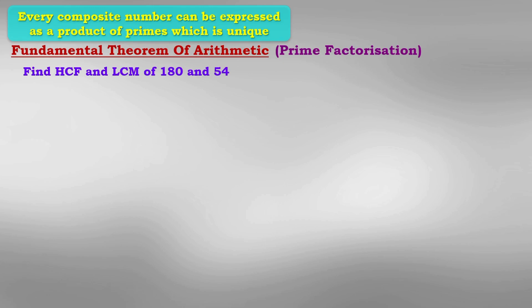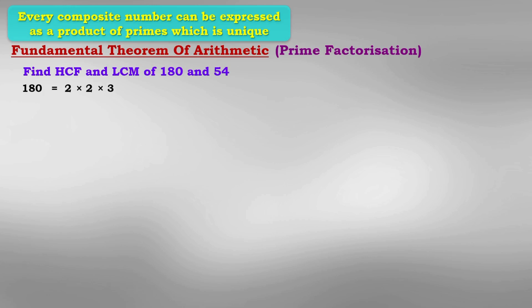So now if I asked you to find the HCF and LCM of 180 and 54 by using the fundamental theorem of arithmetic, it's nothing but you need to do the prime factorization of these numbers and then find the HCF and LCM of it. So first we are going to do the prime factorization.